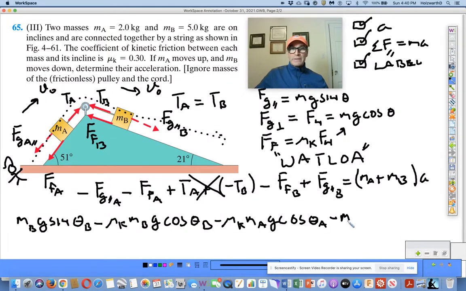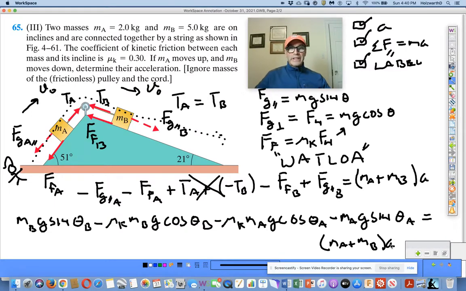That's going to be m sub a g sine theta a. That's 51 degrees. And all that's equal to the mass of the system, m sub a plus m sub b, times the acceleration of the system.